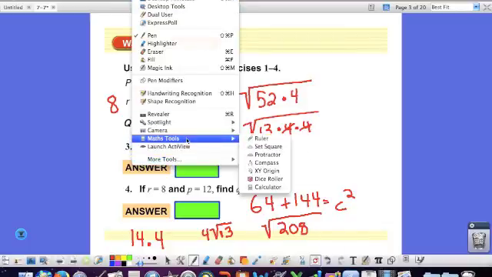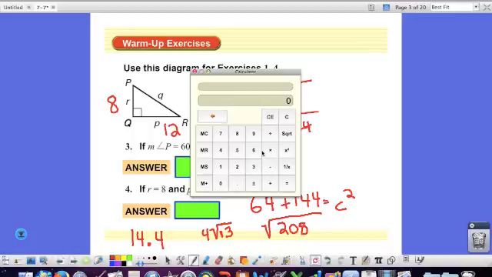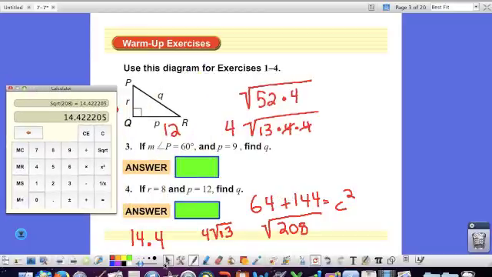I want to make sure that we understand that. 4 times radical 13. If I took the square root of 13 and multiplied it by 4, I would get 14.42, which is almost exactly what I got when I took the square root of 208. So that's what that means.